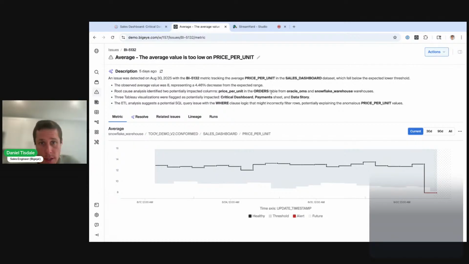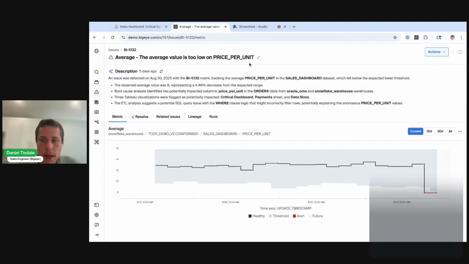As discussed earlier, this is actually occurring further upstream in the Oracle database, same column. And then we can see the downstream impact or the blast radius of this. So what's the potential business impact as a result of this data quality issue? There's 3 critical Tableau dashboards that are being impacted.